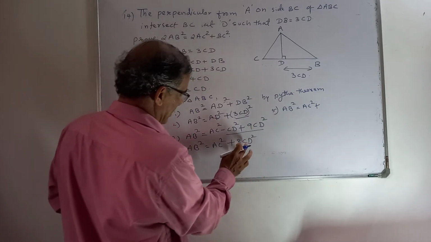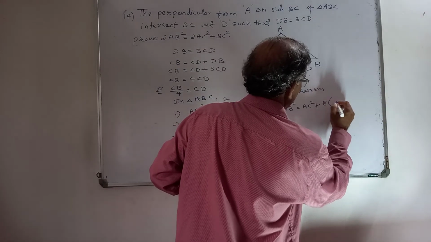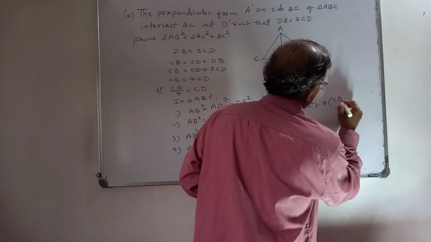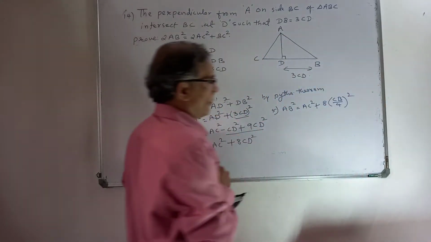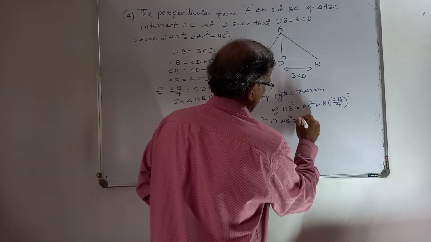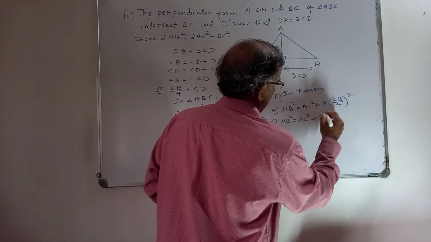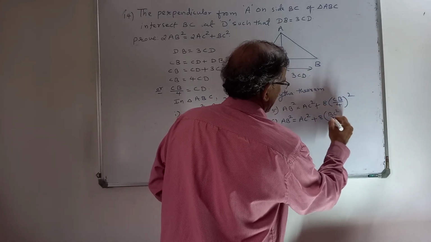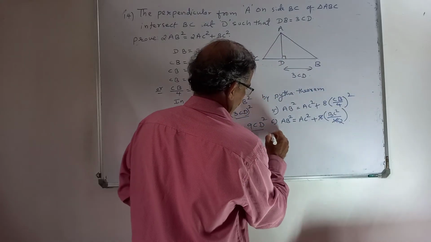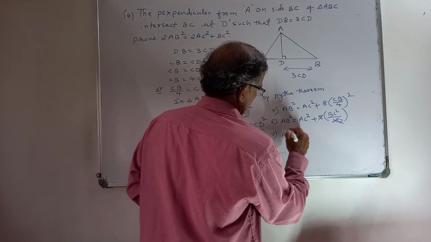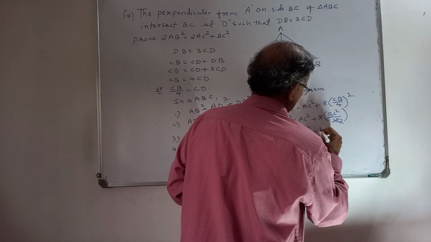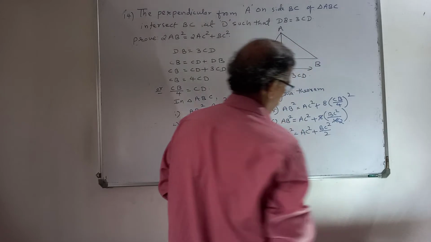So for CD square, 8 into CB upon 4 whole square. Simplifying, AB square is equal to AC square plus 8 into BC square upon 16, so AB square is equal to AC square plus BC square upon 2.